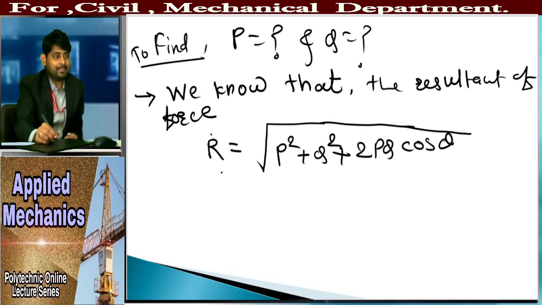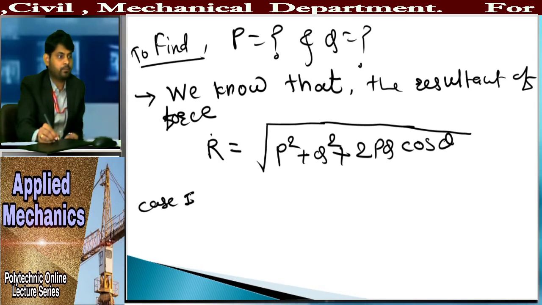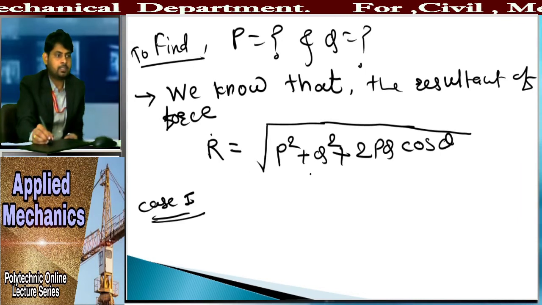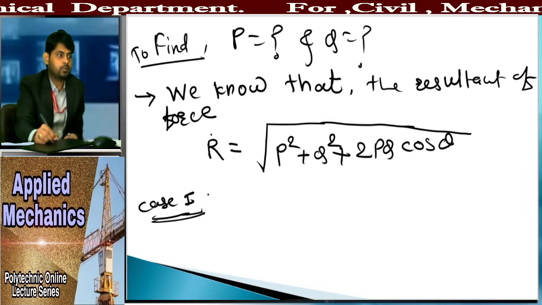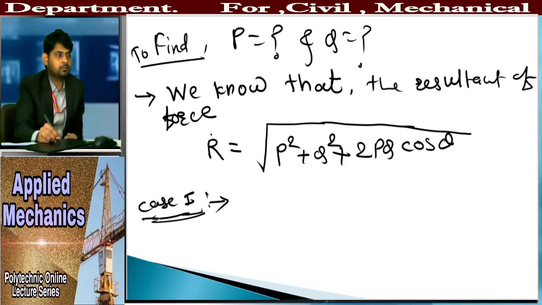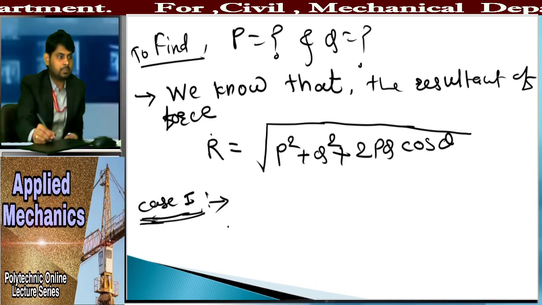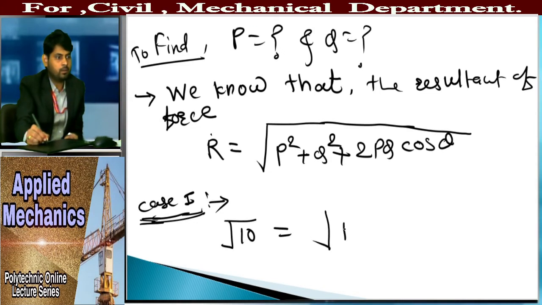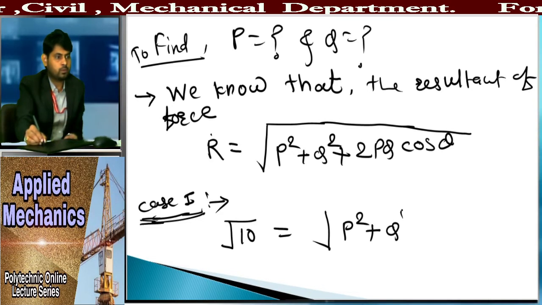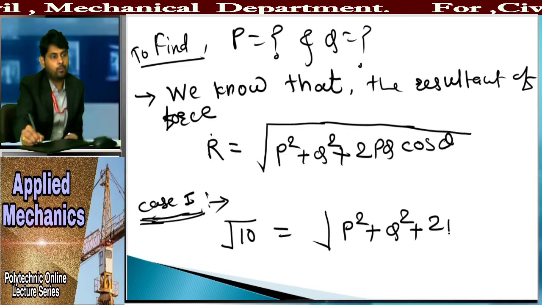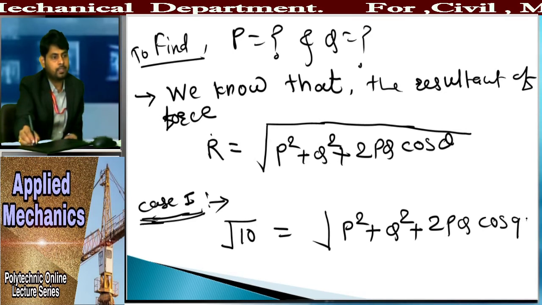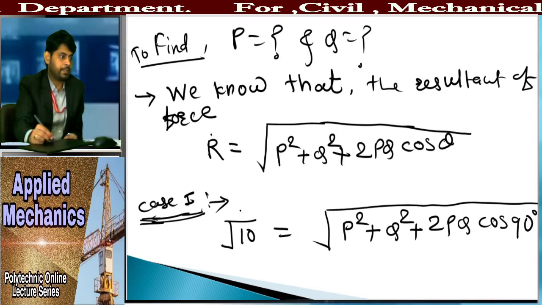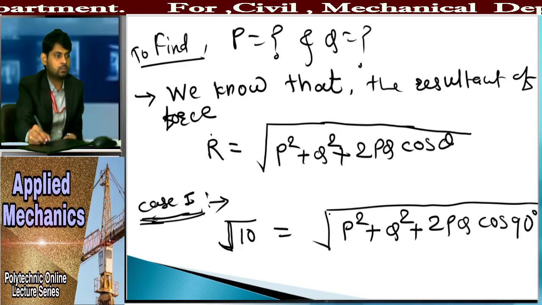So we have two cases. So for case 1, R is given under root 10 and theta is given 90 degree. So put all the given values for case 1, that is nothing but under root 10 is equal to under root of P square, which is unknown, Q square, which is also unknown, 2PQ cos of 90 degree. Right. Now see here, this term is in an under root and here also the value is in an under root.